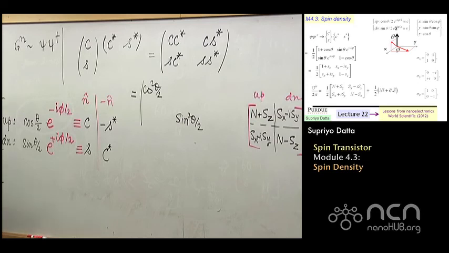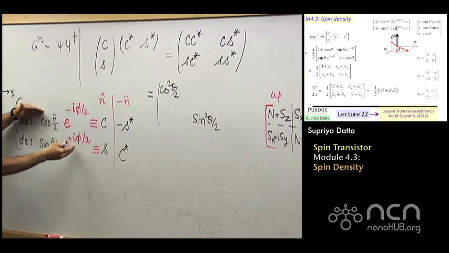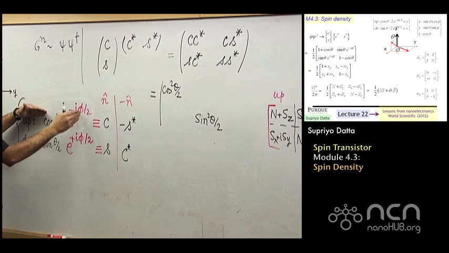Now, I need CS star, which is this times the complex conjugate of this. So you have cosine half theta, sine half theta. But when I take the complex conjugate of this, you see this is minus, this also becomes minus. So when I multiply, they don't cancel. Instead, I get twice.